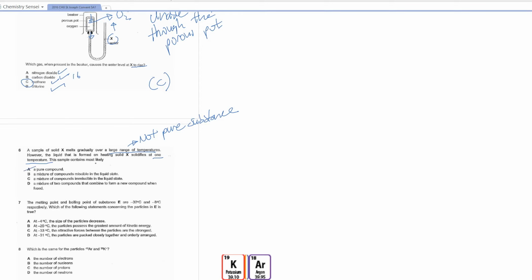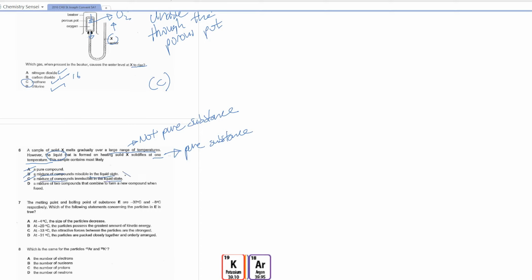We can conclude that the liquid is pure because it only solidifies at a single temperature. Because of that, option B and C are incorrect because they say a mixture of compound in the liquid state.